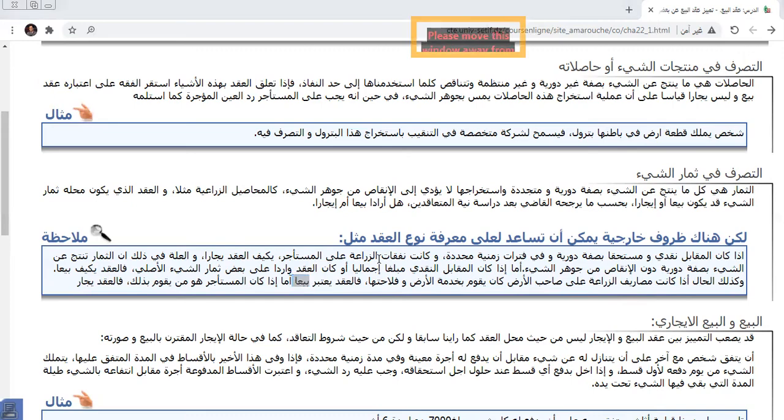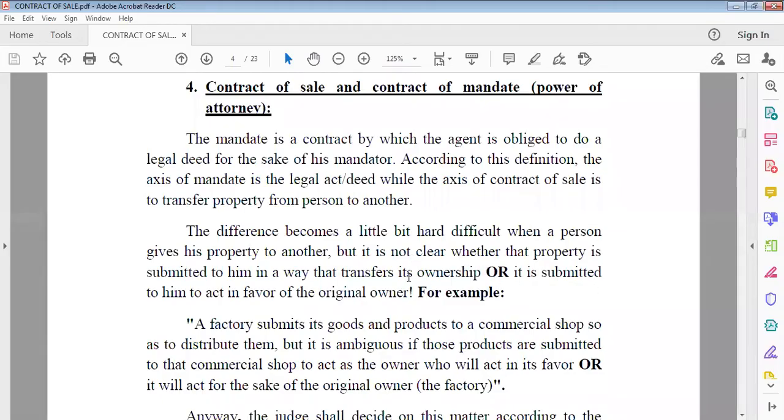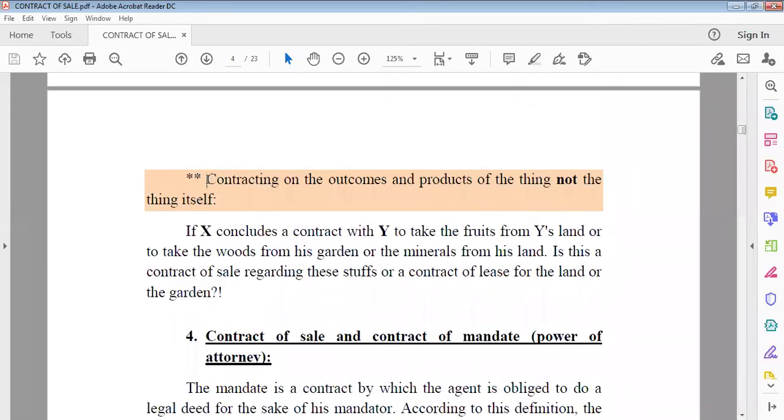So the difference depends on when I'm talking about contracting that happens on the outcomes and the products of the thing, not the thing itself. We have to differentiate between the outcomes and the products. The products are always considered a contract of sale.